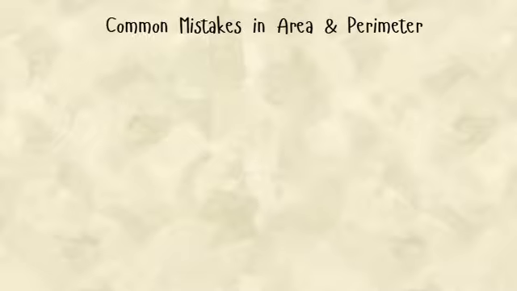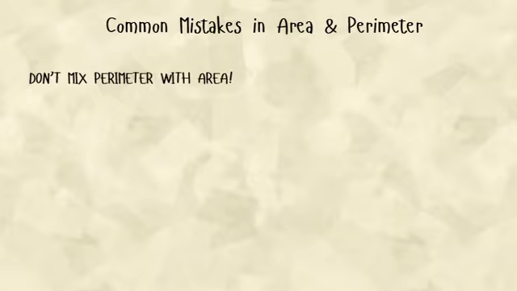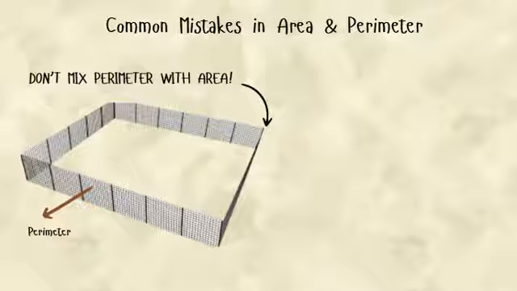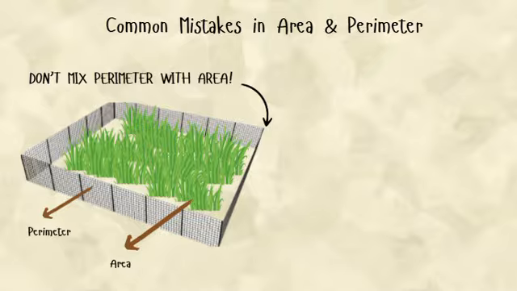Let's take a moment to talk about some common mistakes students make with area and perimeter. The first is mixing up the two concepts. Remember, perimeter is the total distance around a shape, while area measures the space inside it. Another common error is forgetting to include the correct units.